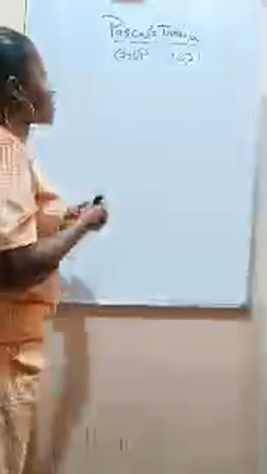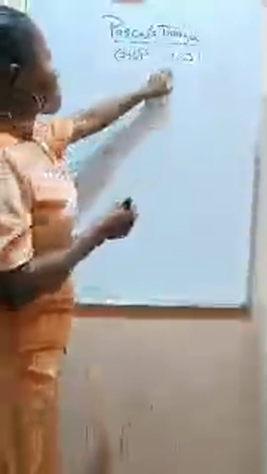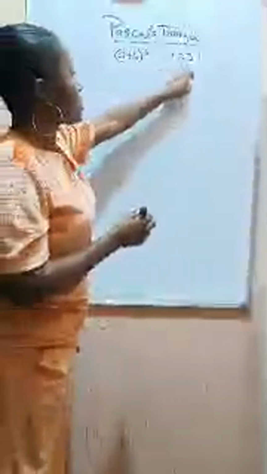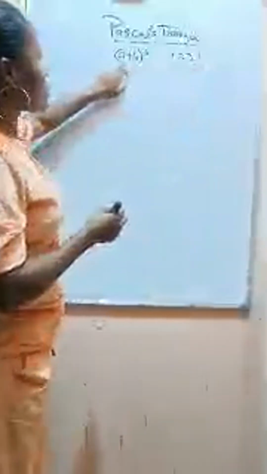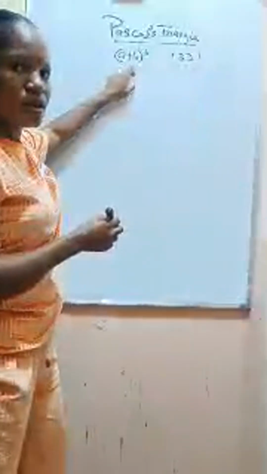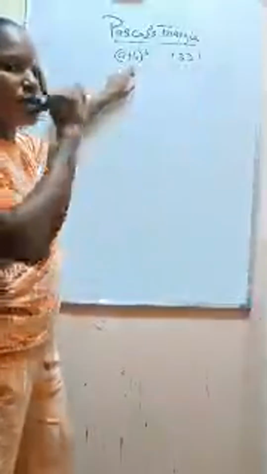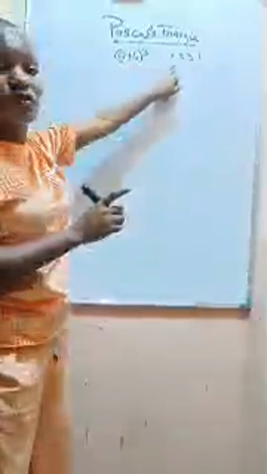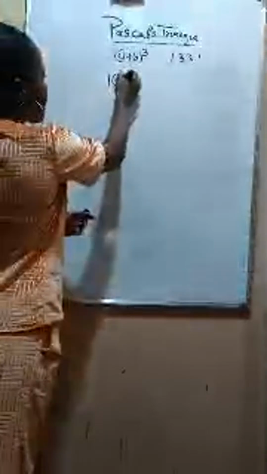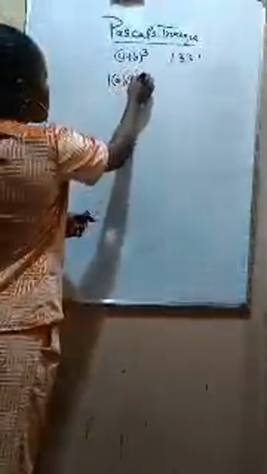So what we are going to do is fix all these things to the product of A and B. The first coefficient is 1, so we write down 1. So it's going to be 1 multiplied by A multiplied by B.